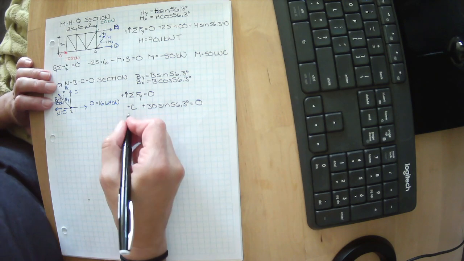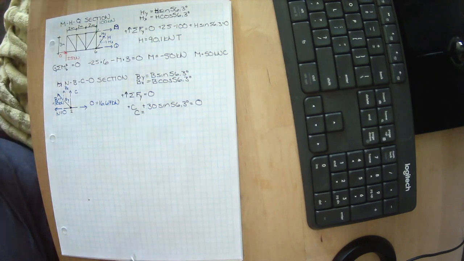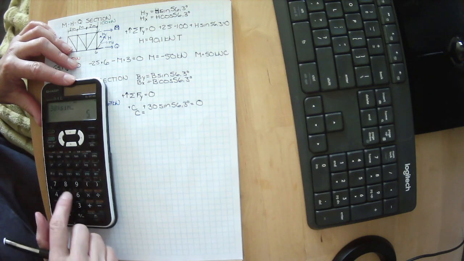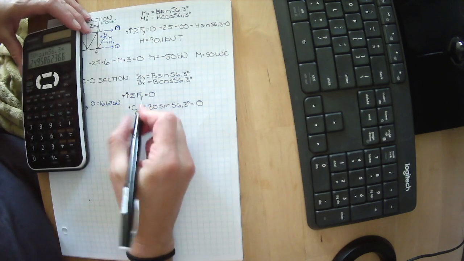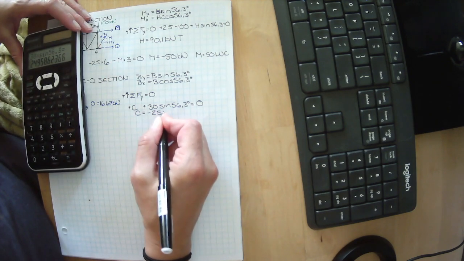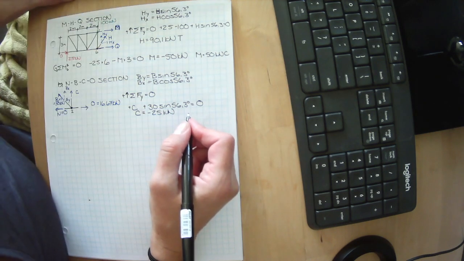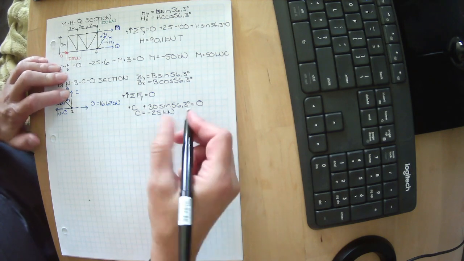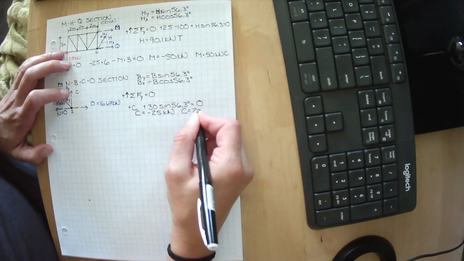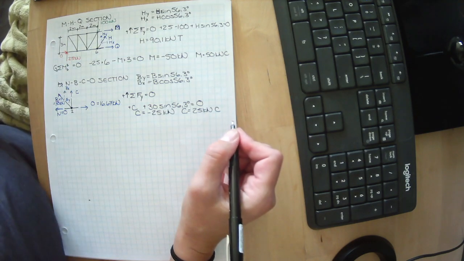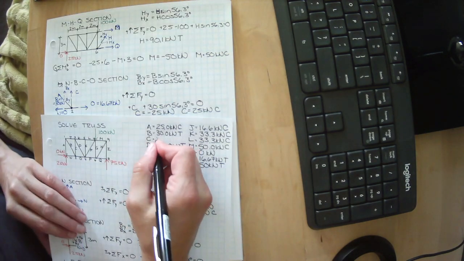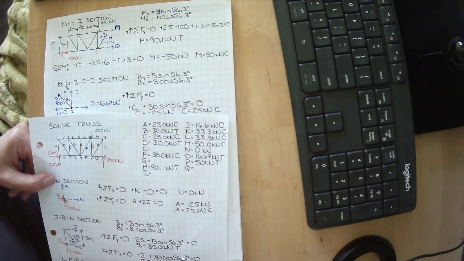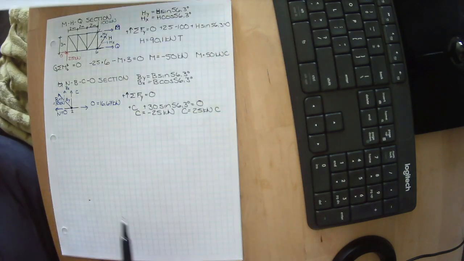We can solve for this, and we get that C equals 30 times the sine of 56.3. C equals minus 25 kilonewtons. If something is a negative value, it means I drew my arrow wrong. I guessed it was in tension. That means C equals 25 kilonewtons of compression. Let's fill that in: 25.0 kilonewtons of compression.